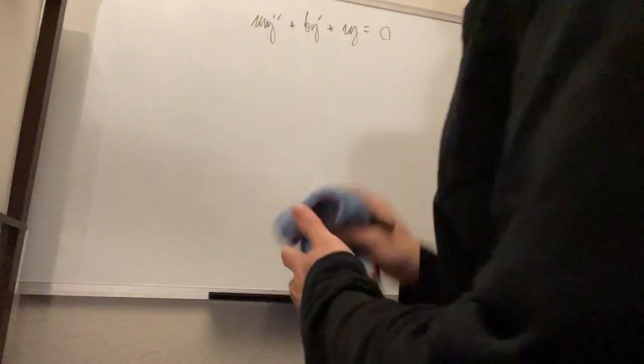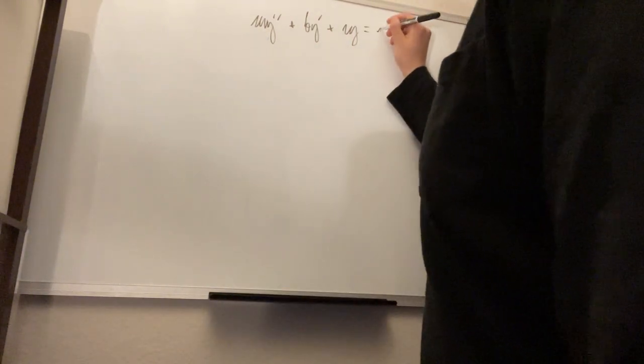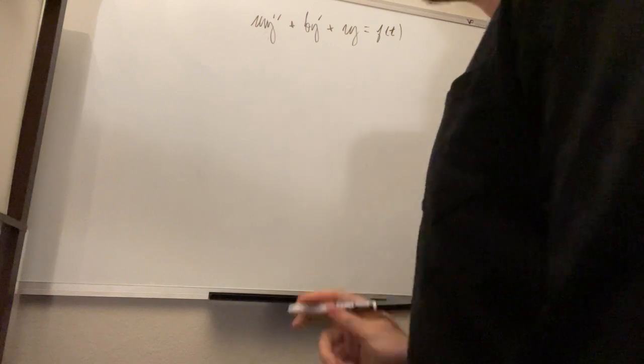Remember, we're still solving a nonhomogeneous equation. What we're going to get is a system of linear equations that says v1 prime y1 plus v2 prime y2.